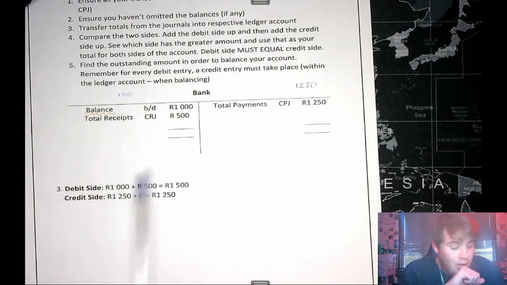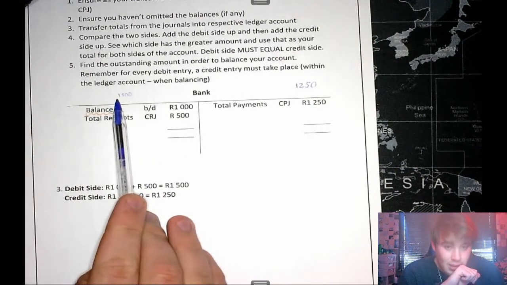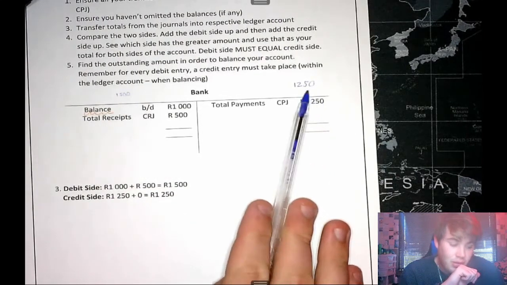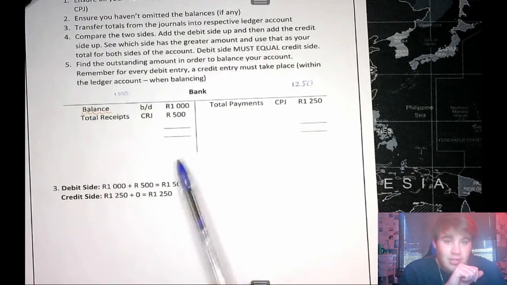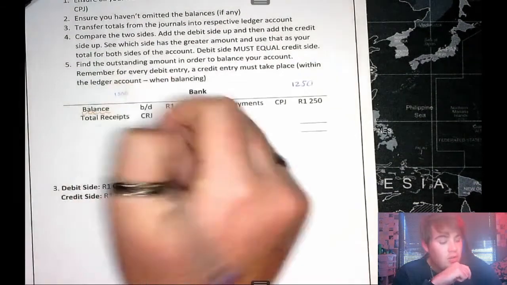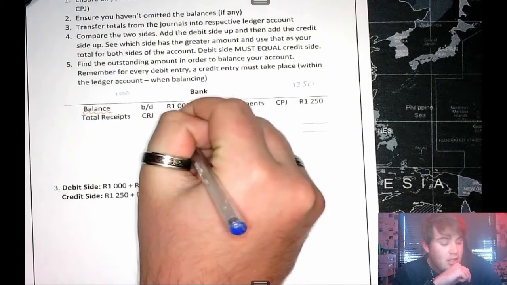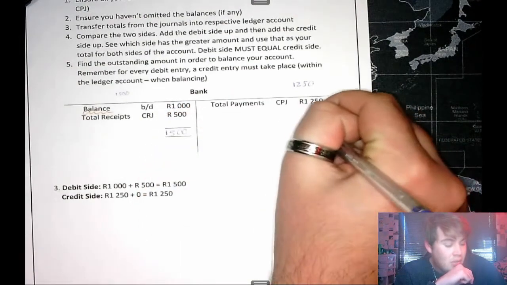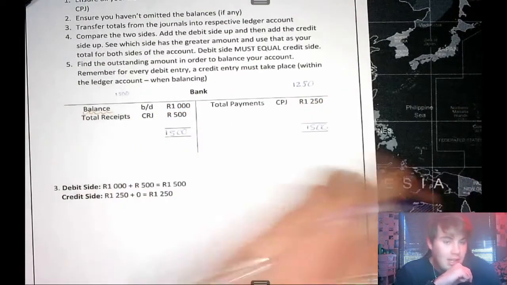If we take a look here, we have 1500 for the debit side and 1250 for the credit side. So it's quite obvious that the higher amount is the 1500, and we are going to use that for both sides of the account as our total. 1500 for both sides.